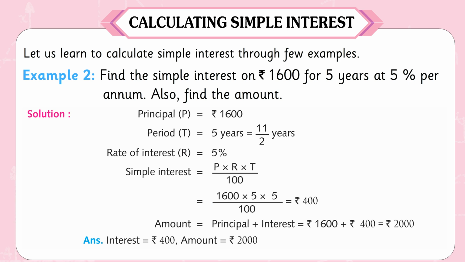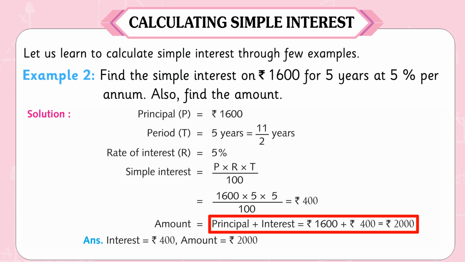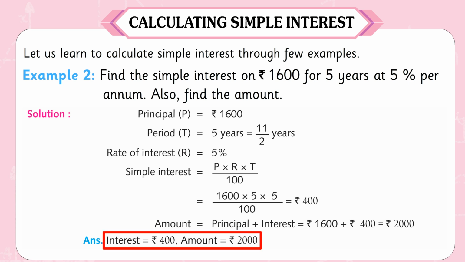Amount is equal to principal plus interest, which is ₹1,600 plus ₹400, equal to 2,000. Answer. Interest is ₹400. Amount is equal to ₹2,000.